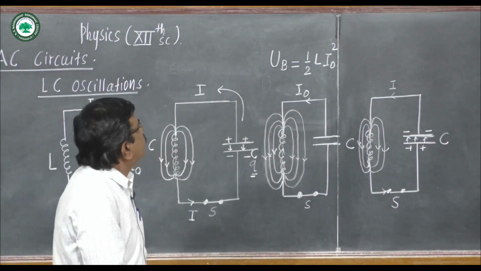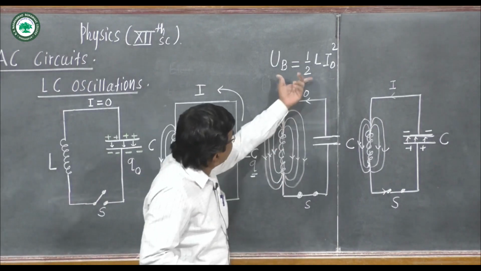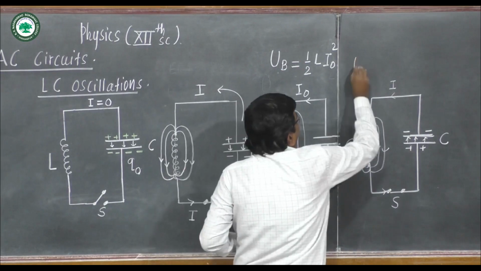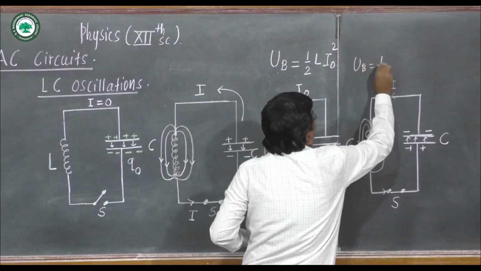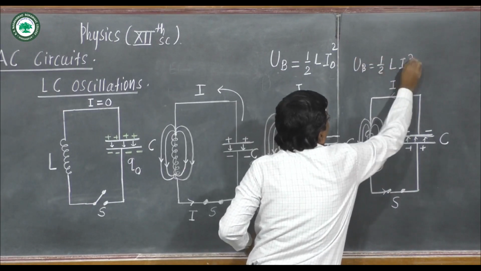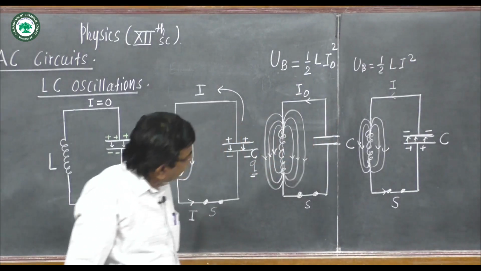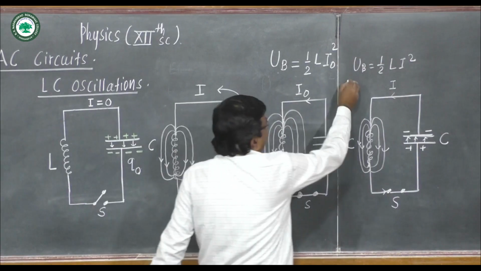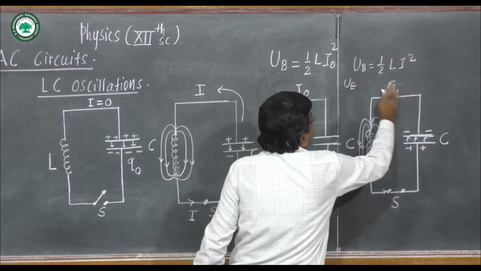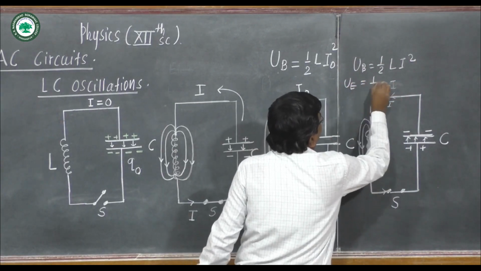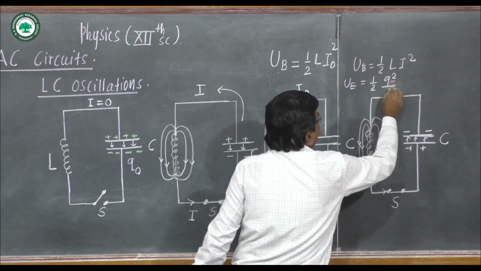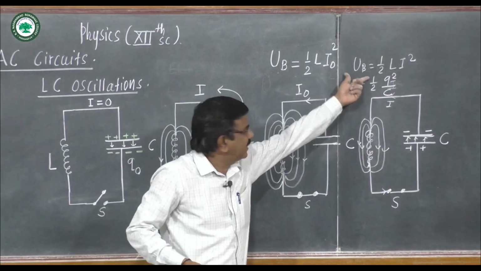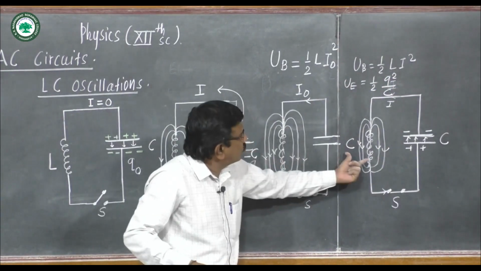It means here also the energy is partly the magnetic field energy, that is UB equal to 1/2 L i square, and partly the electric field energy, that is UE, equal to 1/2 Q square by C. This energy goes on decreasing.